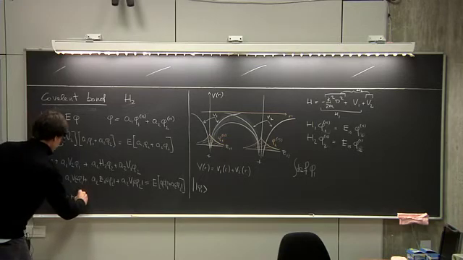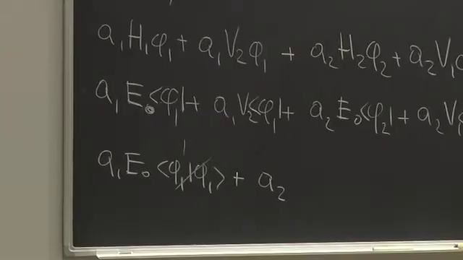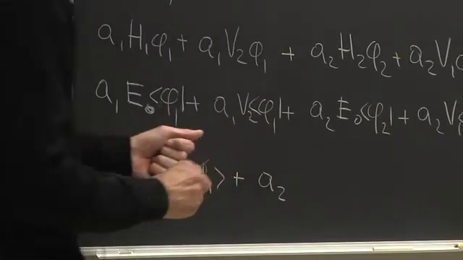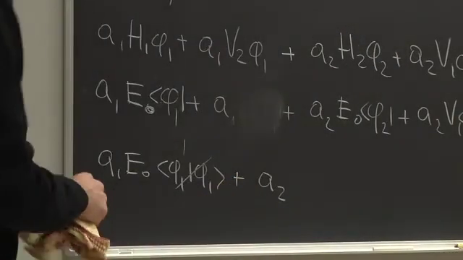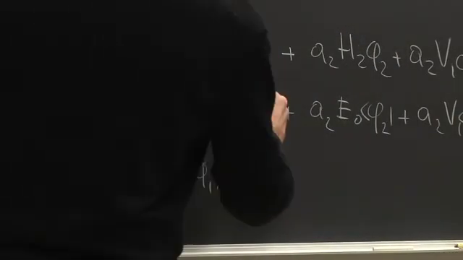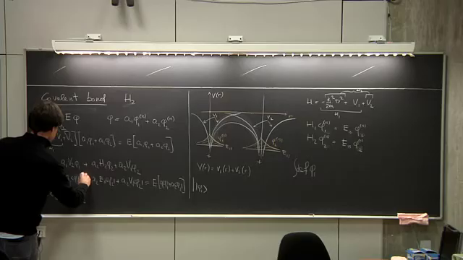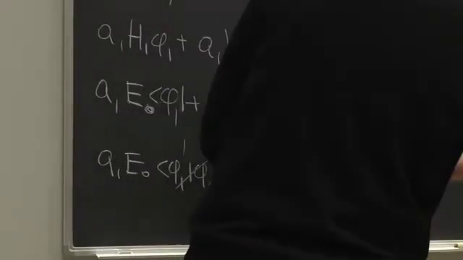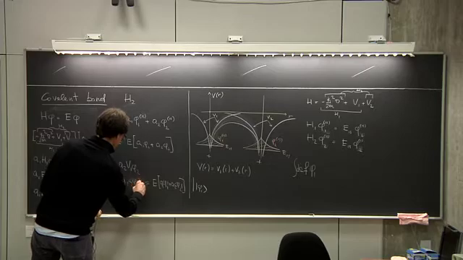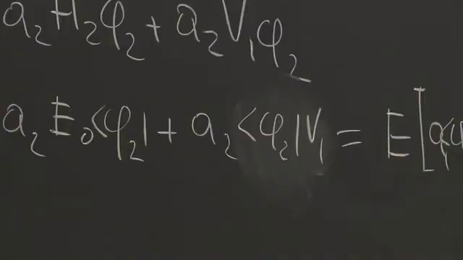Plus A1. In fact, here I have to be careful. The wave function is actually to the left here. When I write it in bracket notation, this has to be <phi 1|V2|phi 1>. And even here, sorry, if I write it in bracket notation, it has to be <phi 2|V1|phi 1>, like this.